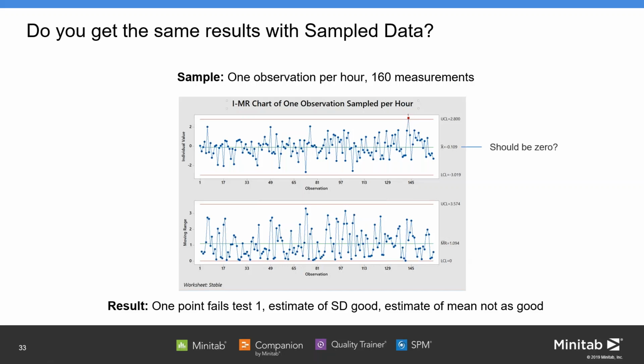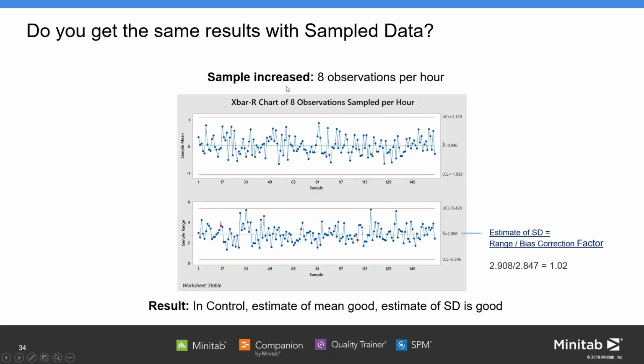So looking at this sample data, I've got 1 point failing the test. The estimate of standard deviation is good, but the estimate of the mean is not quite as good as we would hope. Let's move on to taking a sample based on 8 observations per hour.